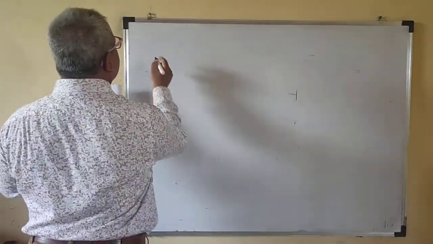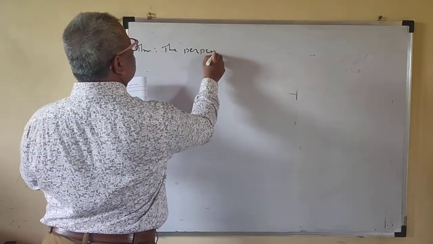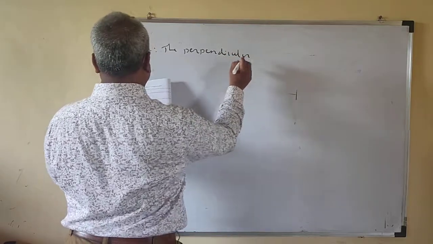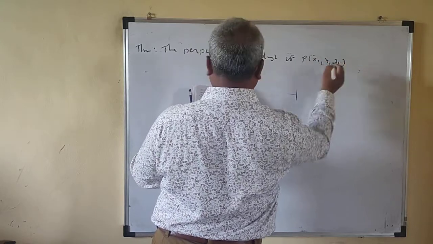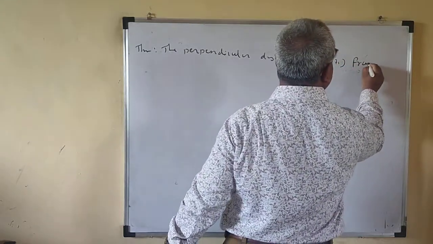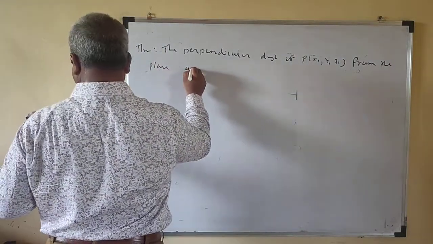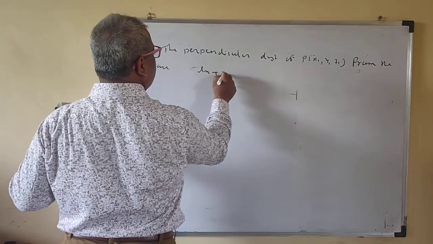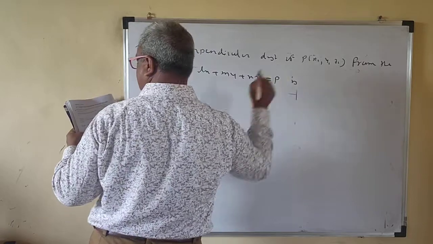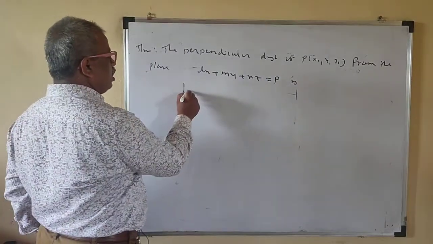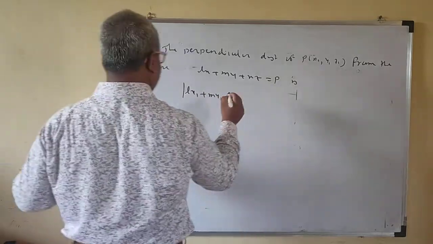Okay. For the perpendicular distance, we will write a theorem. The theorem is: the perpendicular distance of the point P(x1, y1, z1) from the plane lx plus my plus nz is equal to p is lx1 plus my1 plus nz1 minus p.